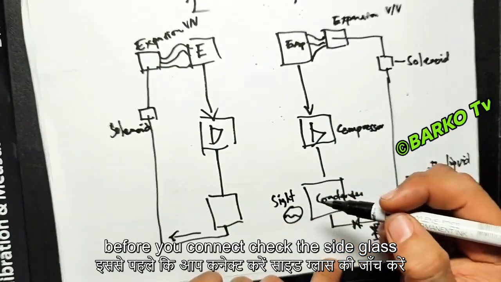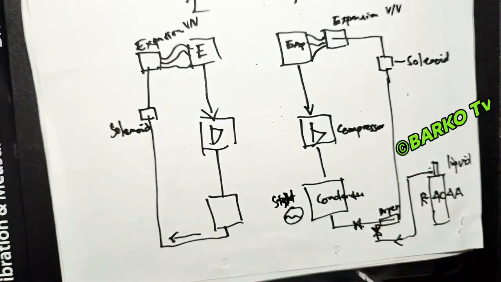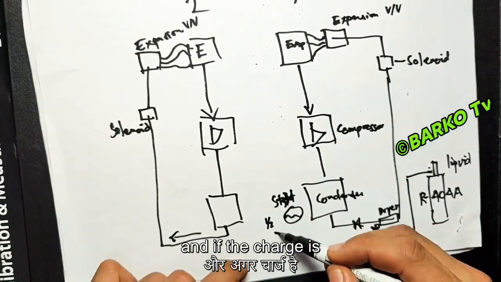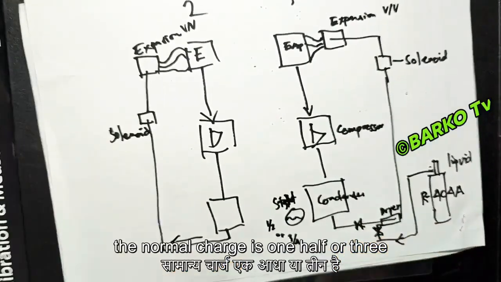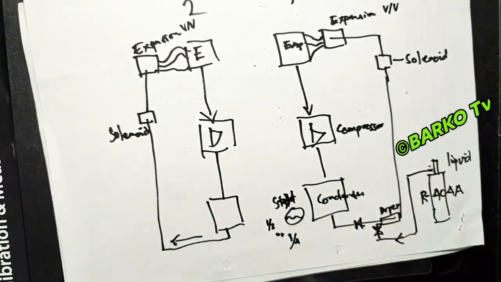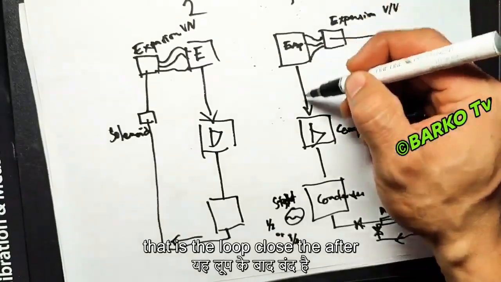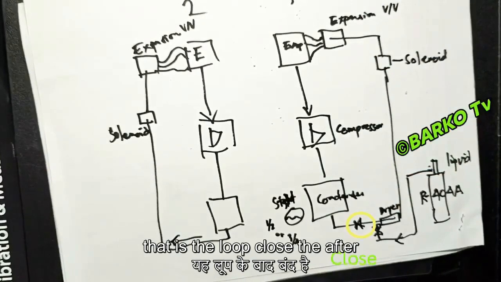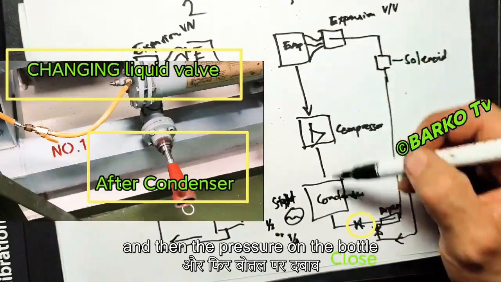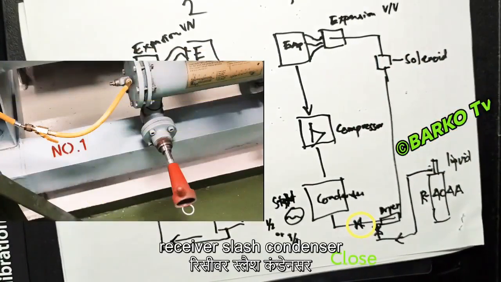Before you connect, check the sight glass, and if the normal charge is 1/2 or 3/4. That is the loop. Close the after condenser, and then the pressure on the bottle going to the system and accumulate to the receiver / condenser.